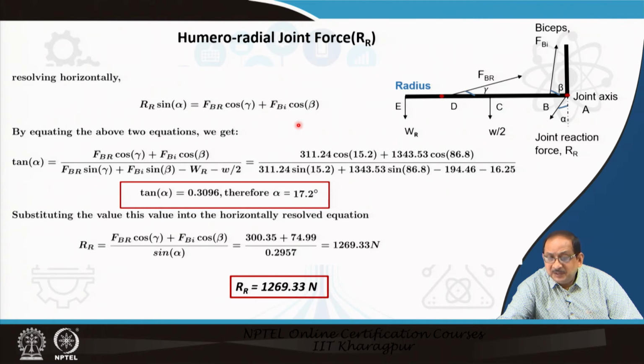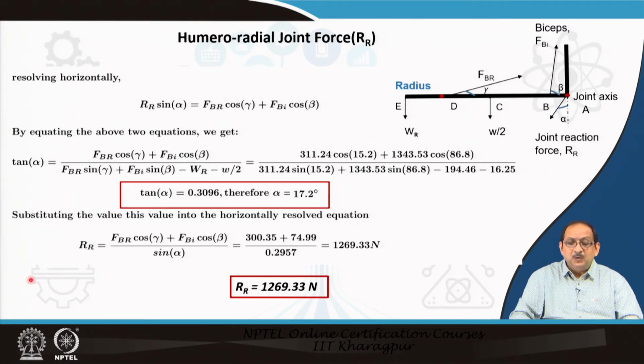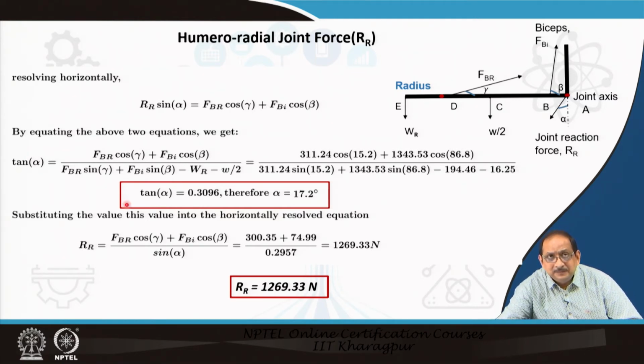The gamma and beta are the inclination angles of these forces. By equating the above two equations, we can calculate tan alpha, where alpha is the angle of inclination of the humeroradial joint reaction force RR.